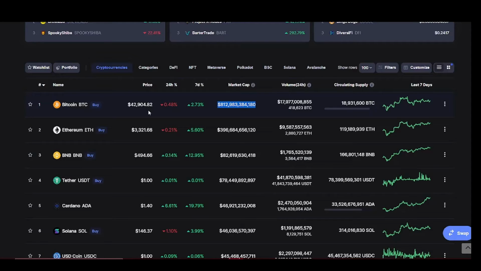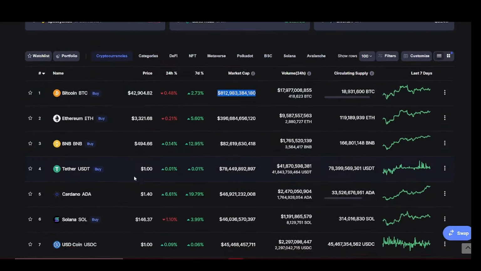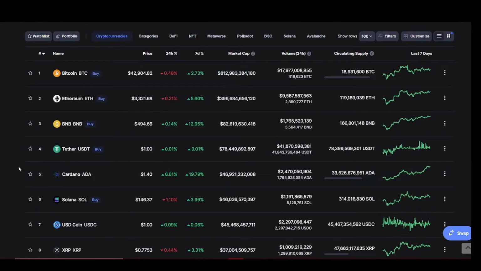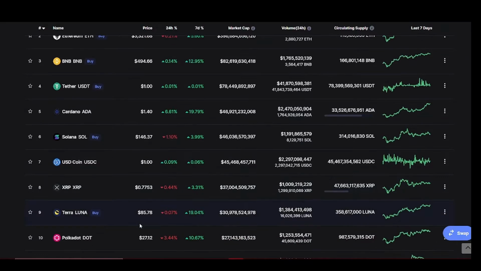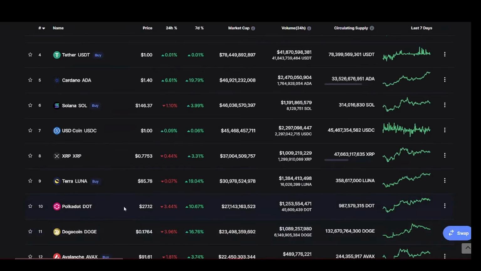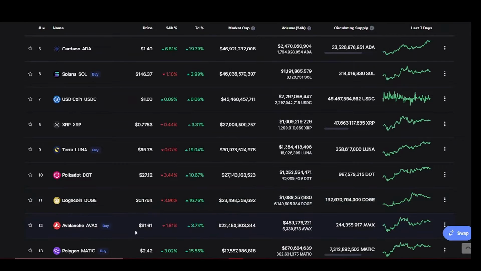A lot of people will make the mistake when they first get in of just looking at the price. So they're looking at Cardano or XRP and they're saying, oh, okay, well, Cardano's only $1.40 and XRP's only 77 cents, but Polkadot is $27 or Avalanche is 91.